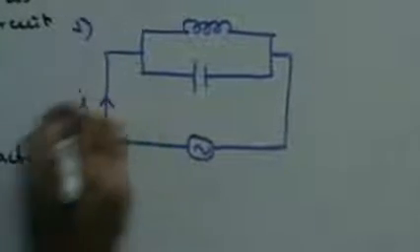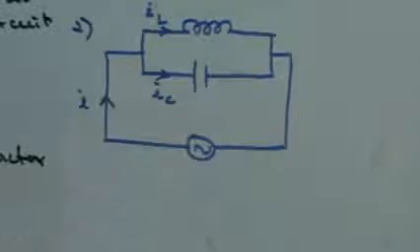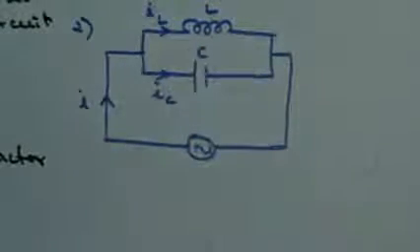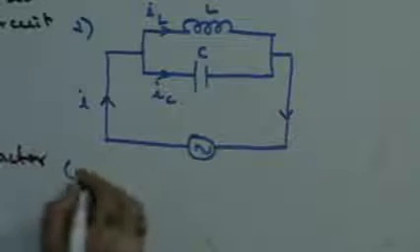Let's assume I is the current flowing through the circuit, IC is the current flowing through the capacitance, IL is the current flowing through the inductor, L is the value of the inductor, C is the value of the capacitor, right?